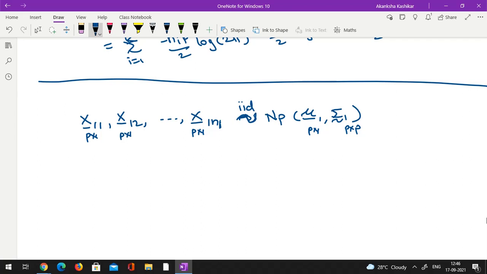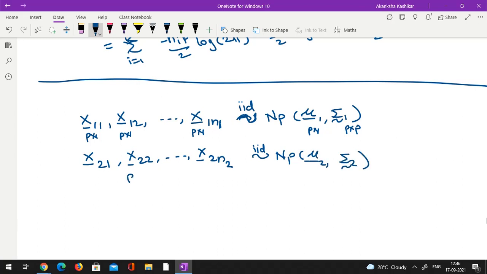Yes. Similarly, I would have x_21, x_22, up to x_2n_2. These are IID N_p(mu_2, Sigma_2).